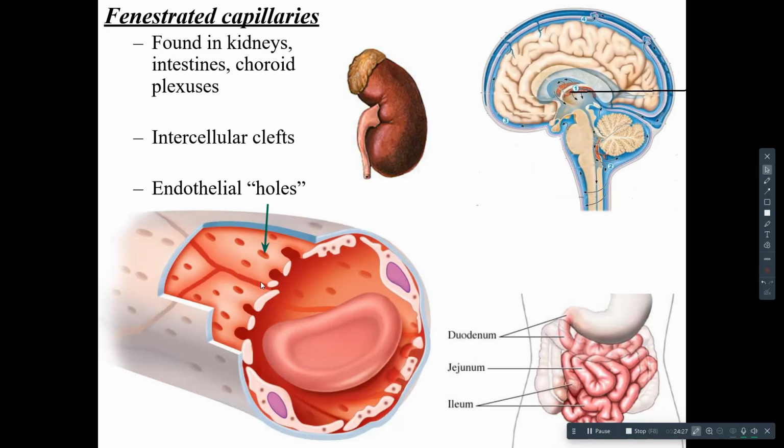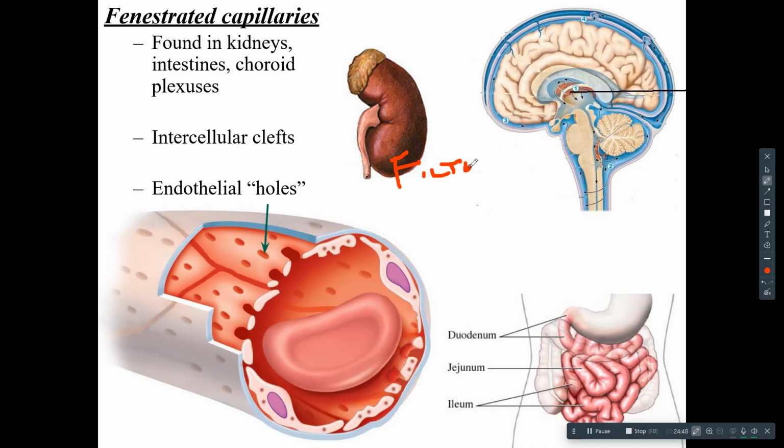There are also intercellular clefts between them. These guys are found in my intestines, my choroid plexuses, and my kidneys.